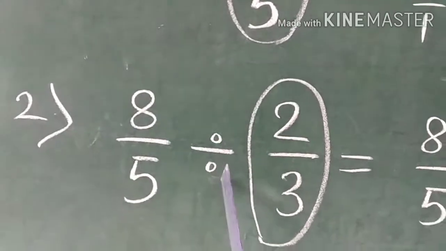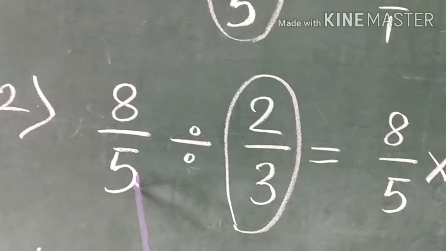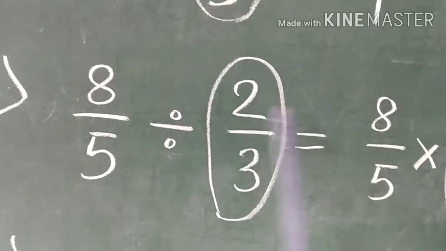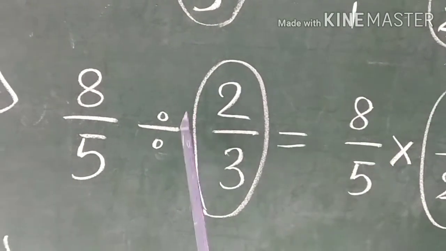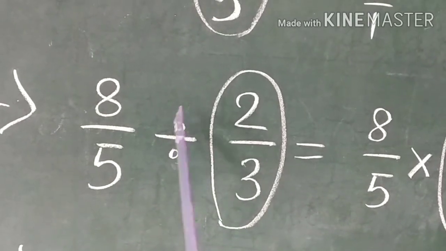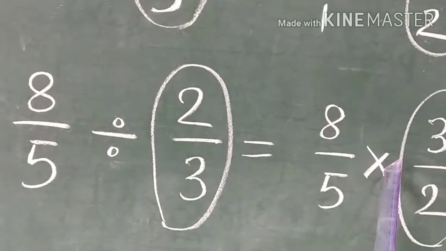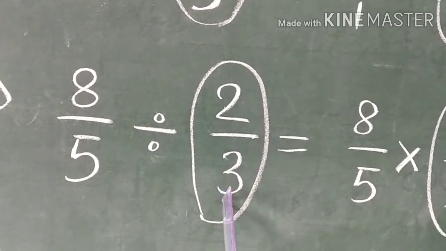Again, 8 by 5 divided by 2 by 3. 8 by 5 we have to keep as it is. Here no change in the first fraction. Next, when we change the division symbol into multiplication, we have to convert this into the reciprocal of the fraction.